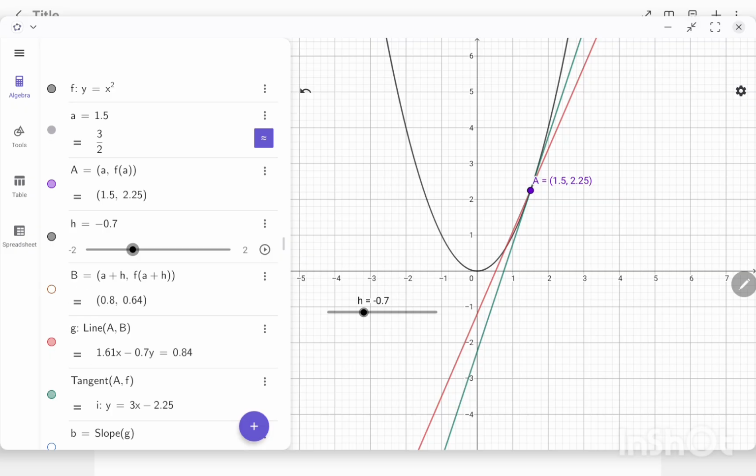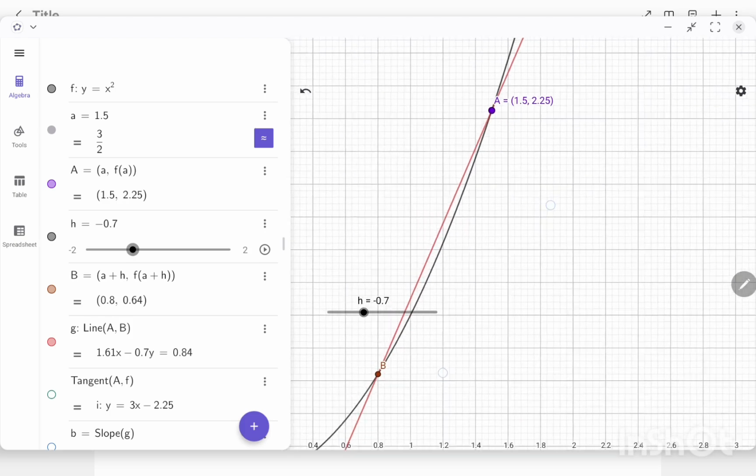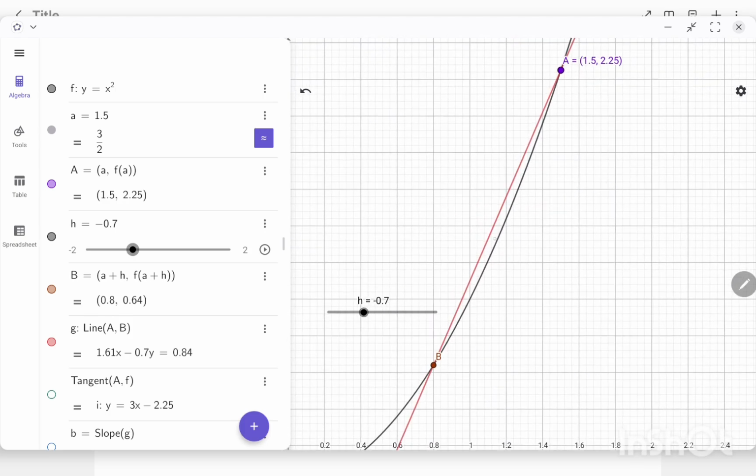One is the tangent at A, the other one is the line joining A and B, which is a secant. You can see it is a secant.